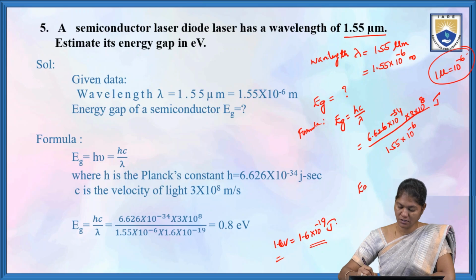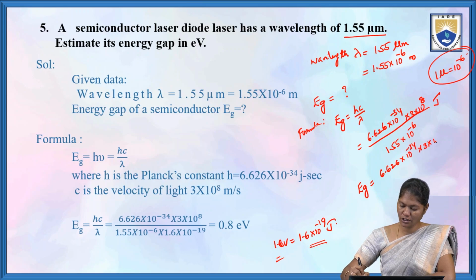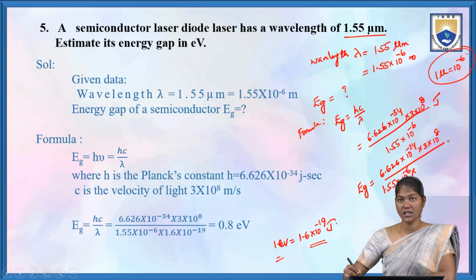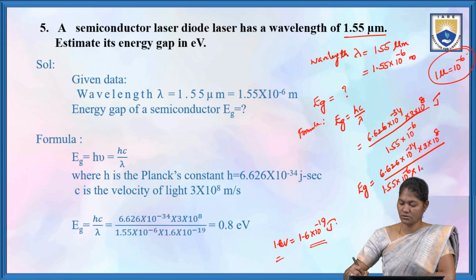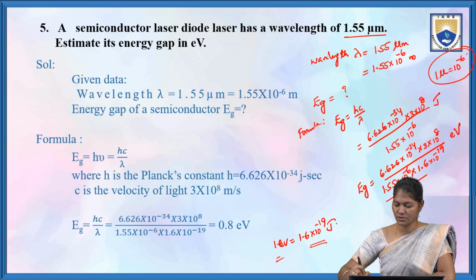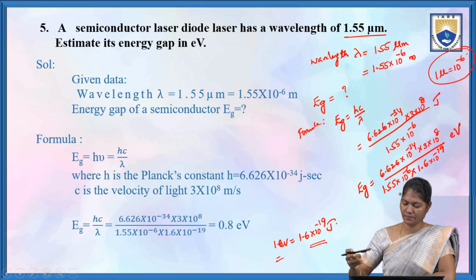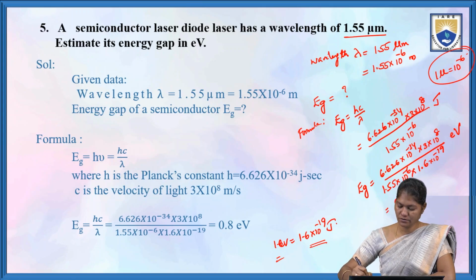So Eg is equal to 6.626 into 10 power minus 34 into 3 into 10 power 8 divided by 1.55 into 10 power minus 6 into 1.6 into 10 power minus 19 electron volts. So we get the value 0.8 electron volts. So this is the answer.